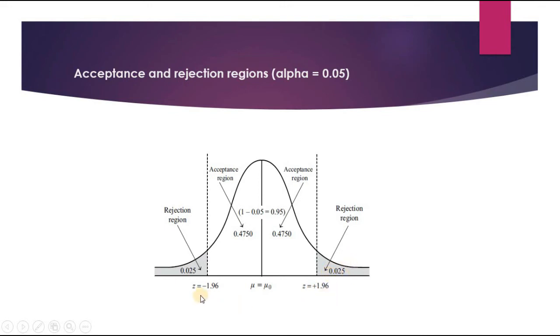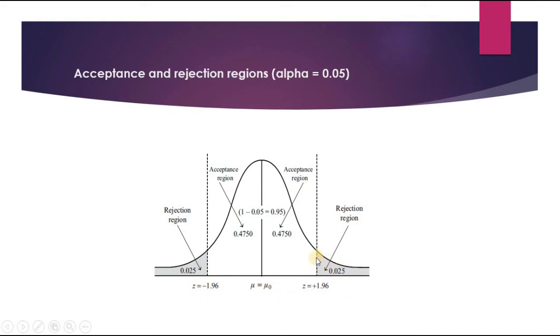We get this value from the statistical tables of Z value. You can find the table in any standard statistics book or any RM book. If I check the Z value at a probability of 0.025 on the other side, I get minus 1.96. So these are the values from the table.